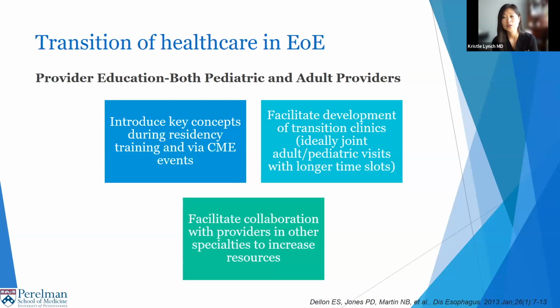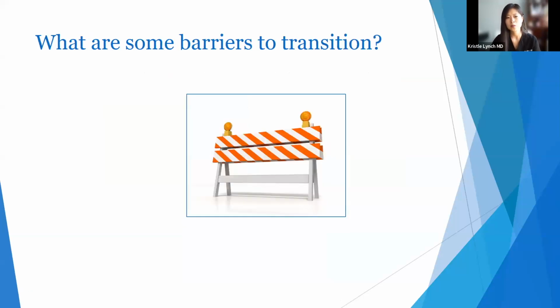We have trainees from allergy in the GI clinic. We have trainees from GI in the allergy clinic with ENT, learning from each other and having that collaborative relationship. And I think that helps the patient have well-rounded care, better communication between providers, as well as overall an increase in pooling resources. So all of these things, I think, sound great. I think that there are many steps to transition of healthcare, but we need to recognize that it's not always easy. So what are some of our barriers to transition?